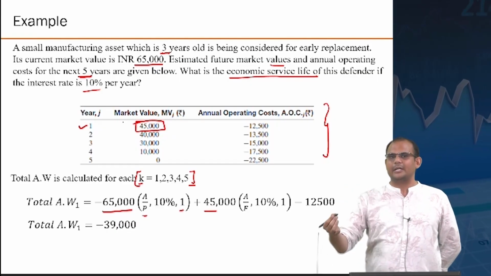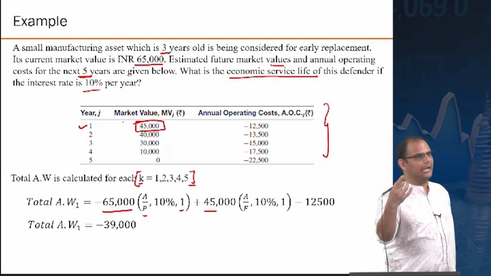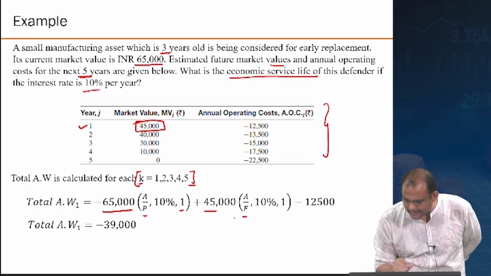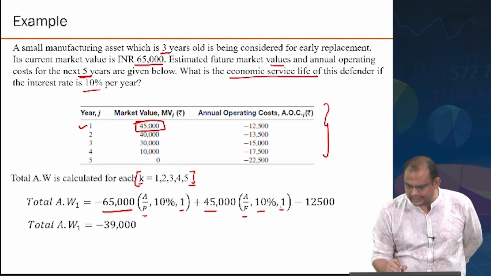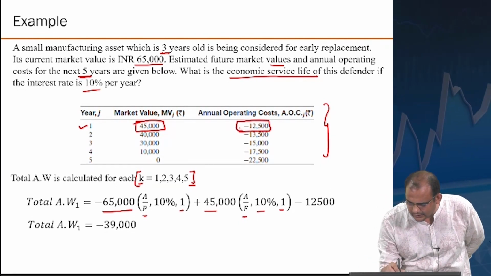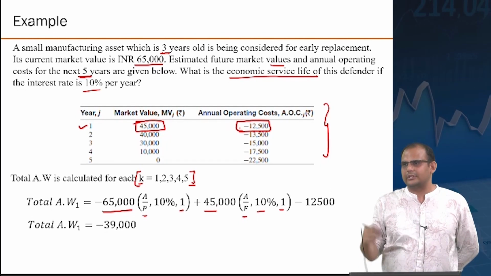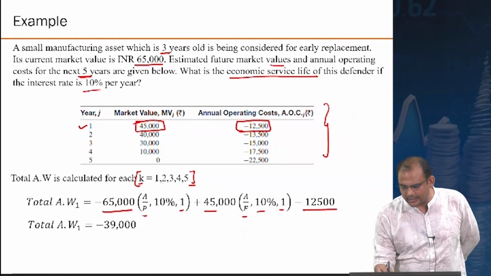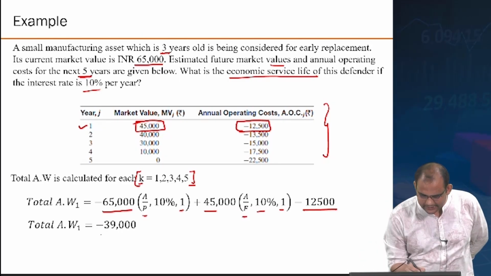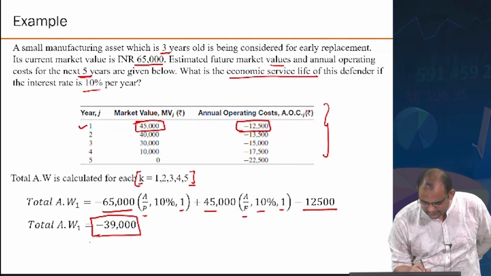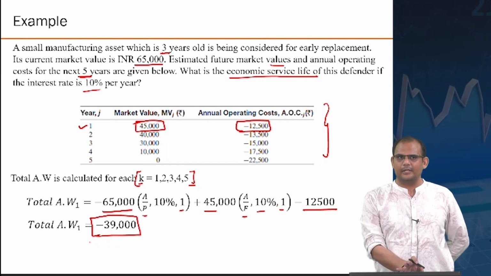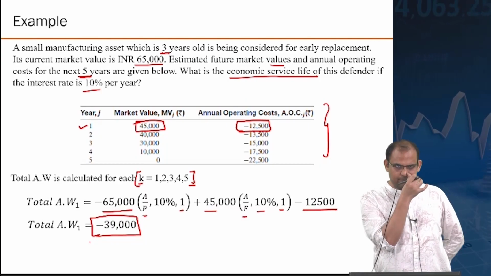Because I'll be able to sell this machine at 45,000 after year 1, with the A by F factor, 10% for year 1, minus the annual operating cost. Since we are talking only about 1 year, that becomes 12,500. You do this calculation, it comes out to be 39,000. Clear? Any confusion here? No?